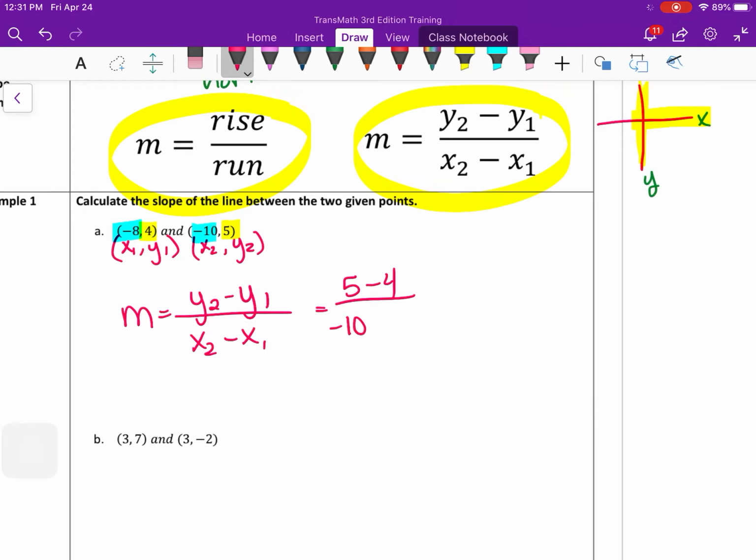So -10 minus -8. And then you simplify. 5 minus 4 is 1. -10 minus -8, that's like -10 plus 8. -10 plus 8 is -2. So this is a slope of -1/2. 1 divided by -2.